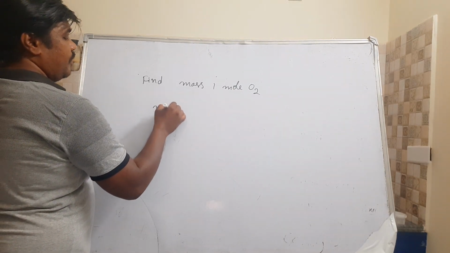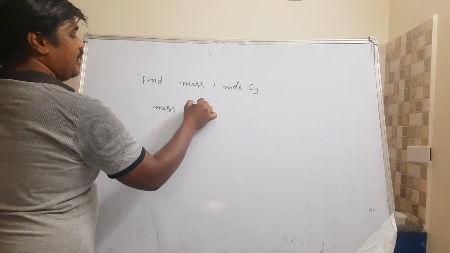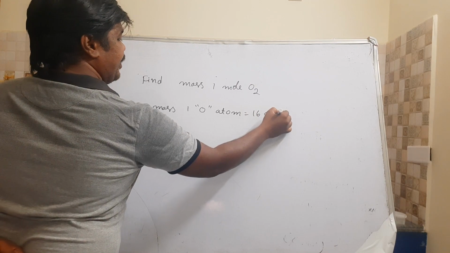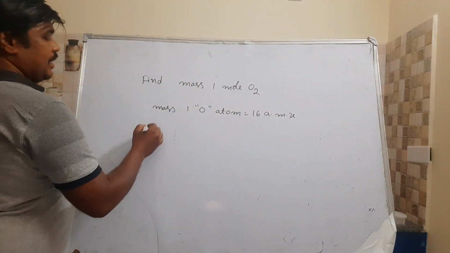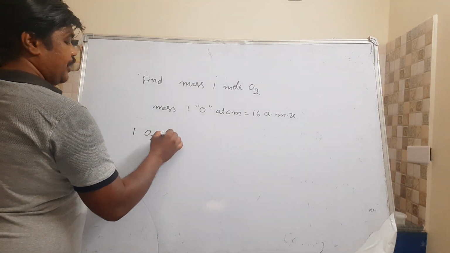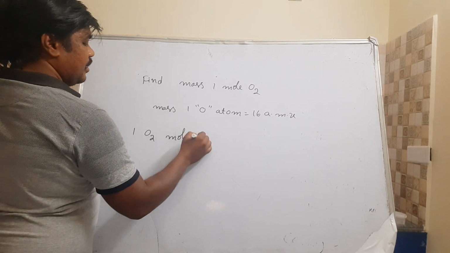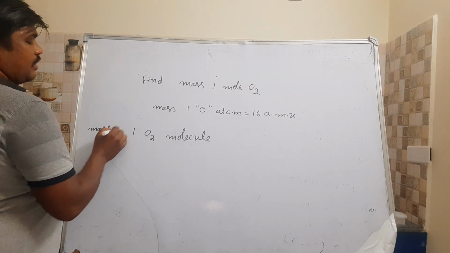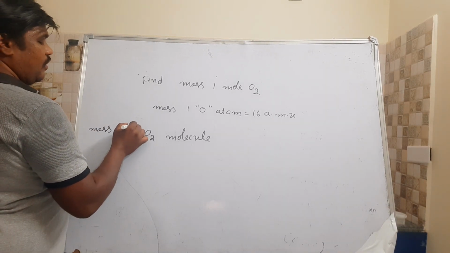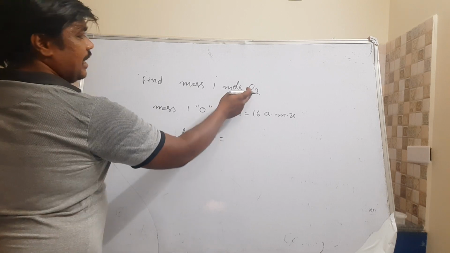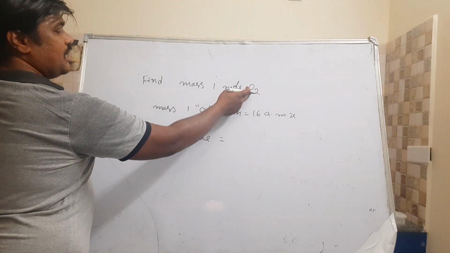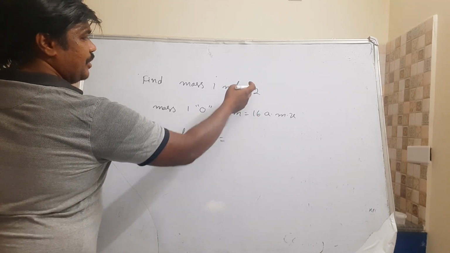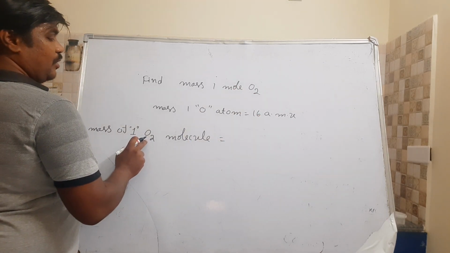Mass of 1 oxygen atom is, yes, 16 AMU. We know this. So the mass of 1 O2 molecule: 1 O2 molecule has 2 oxygen atoms. 1 oxygen atom's atomic mass is 16 AMU, and 2 oxygen atoms are there in 1 O2 molecule.